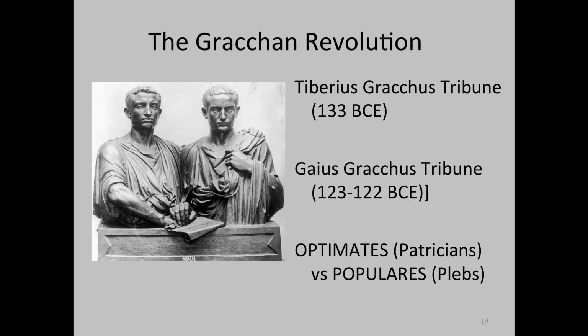So many of these wealthy patricians did not want to give up the land that they had purchased. Now, technically, there was a law that limited the amount of land that these patricians could acquire to about 300 acres. So they didn't want to give up the land. They didn't want to have the land redistributed.